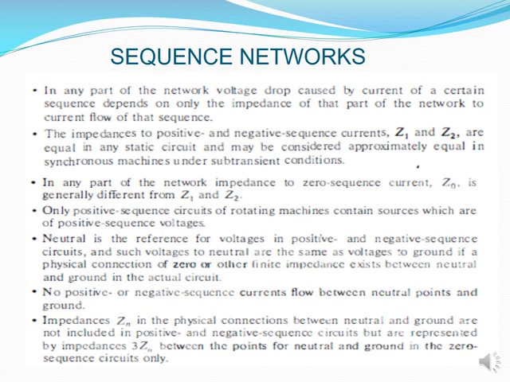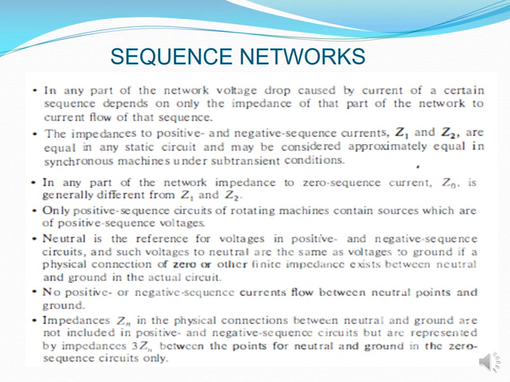So for our positive and negative sequences, which is Z1 and Z2, they usually are equal, unless they give you in the problem that they have different values. Then your Z0 is generally totally different from your Z1 and Z2.